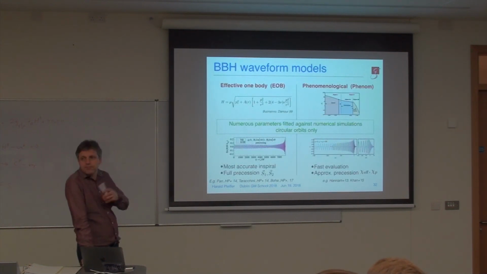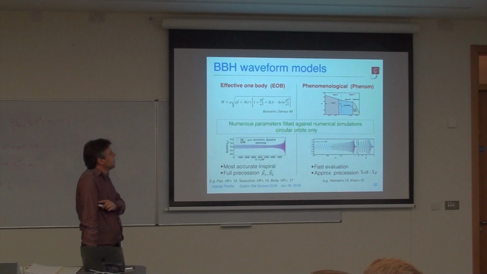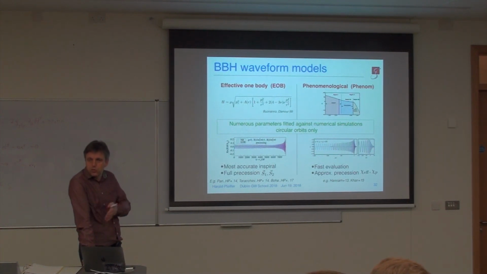So as you heard last week, and perhaps more later this week, there's a lot of effort going into taking these numerical waveforms and turning them into complete inspiral merger ringdown waveform models that can be easily evaluated quickly, and that are then in use for the LIGO data analysis.